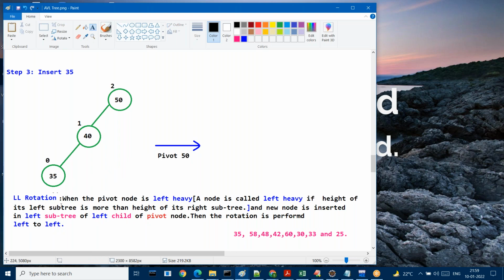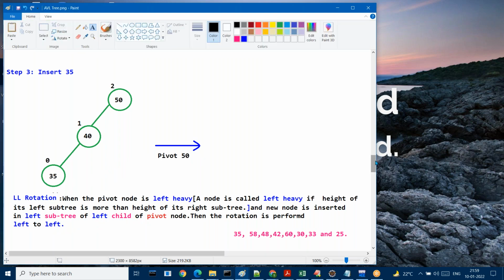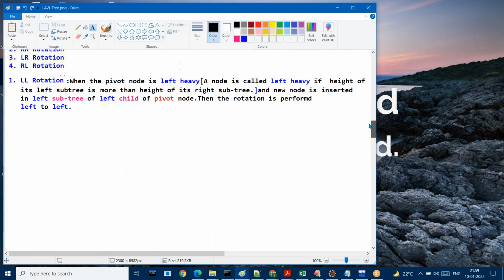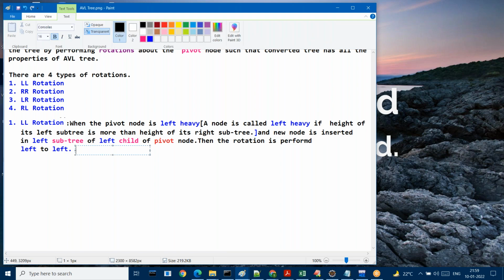LL rotation is, let me write here, LL rotation is anti-clockwise rotation. LL rotation is anti-clockwise rotation.